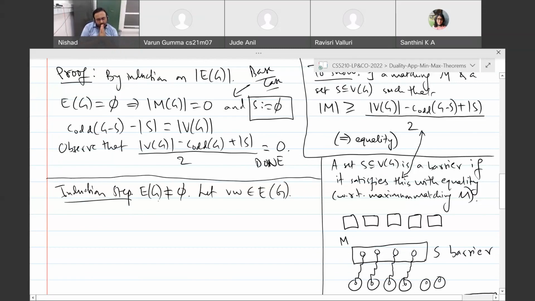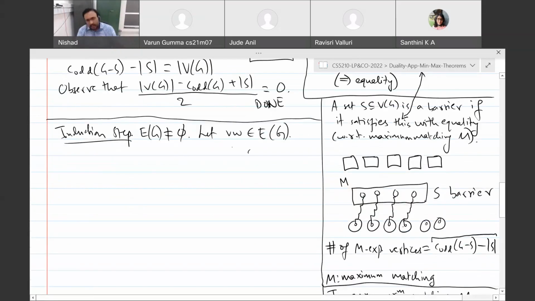So we are going to consider two cases. So right, we are looking at some edge VW. So in one case, we will consider that one of these two vertices is an essential vertex. Okay, and that will be the easy case of our proof.